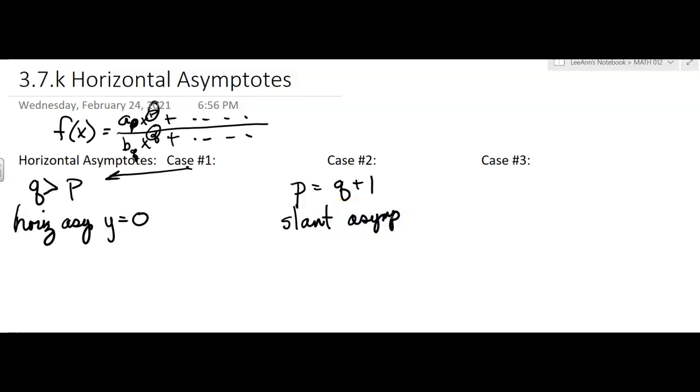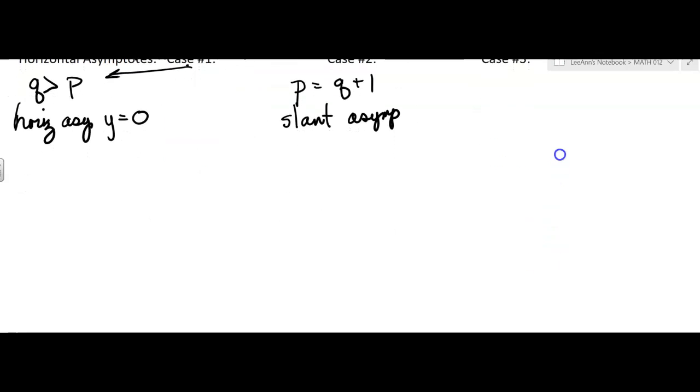So an example would be if you had f of x equaling 3x to the 4th plus some stuff over 2x cubed plus some stuff, that's going to have a slant asymptote, okay? And I can show you how to find the slant asymptote. They give you an example in the book.